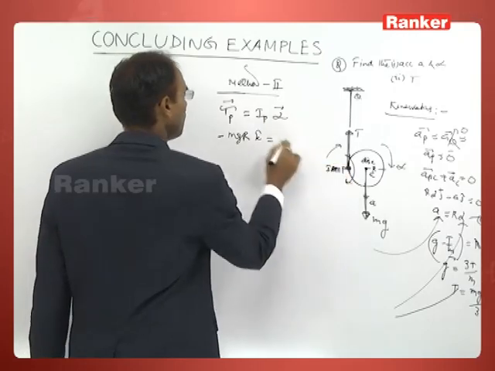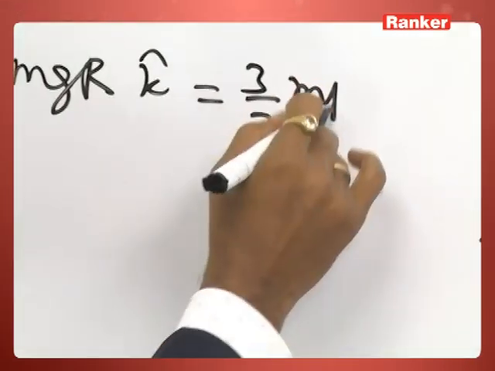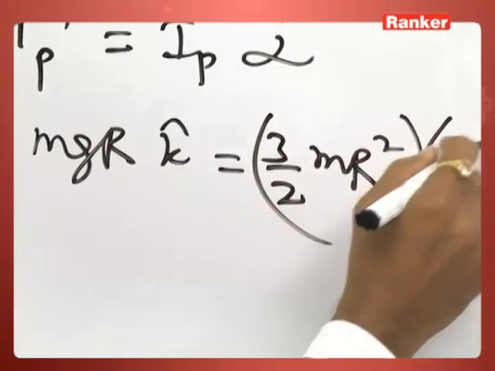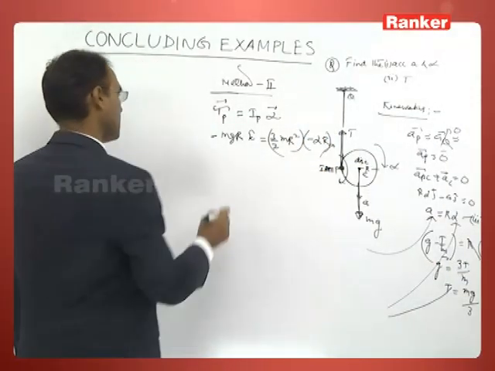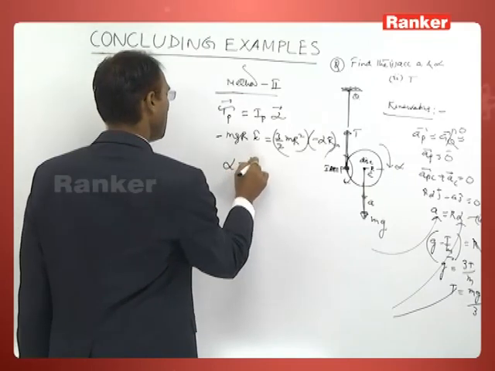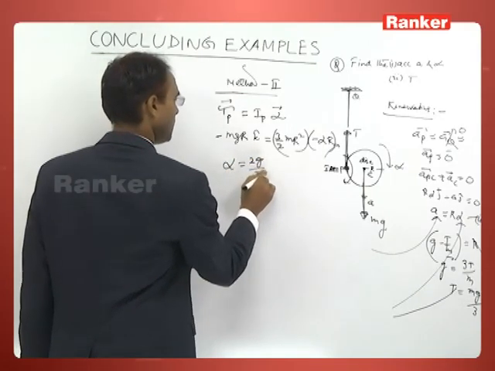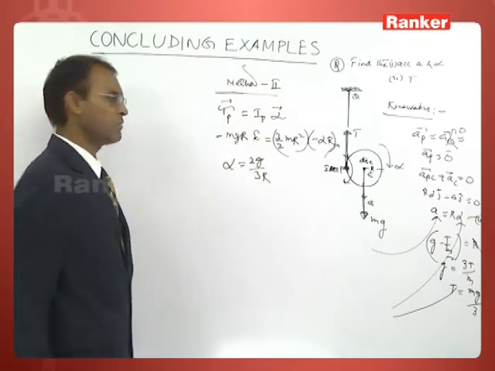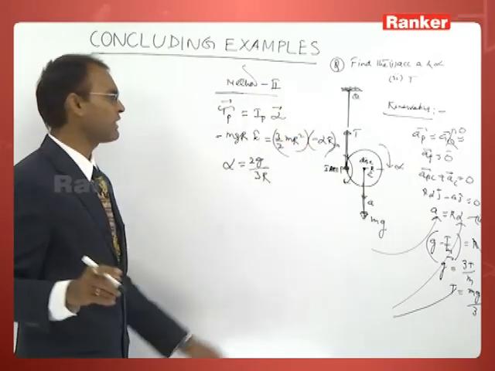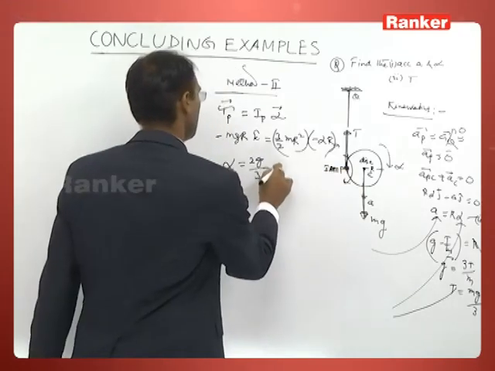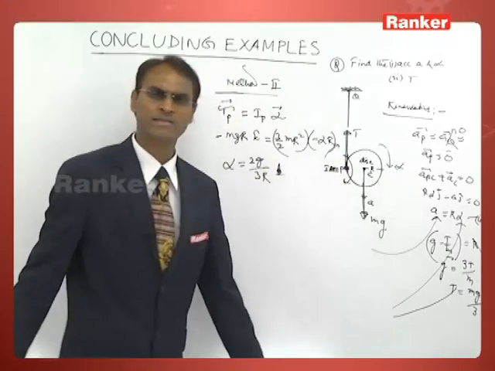IP is equal to 3 by 2 mr square, and alpha I have taken in clockwise manner. It gives us directly alpha is equal to 2g by 3r. What we have obtained by using method number 1, by following the center of mass method. Answer. The rest of the things will be as it is.